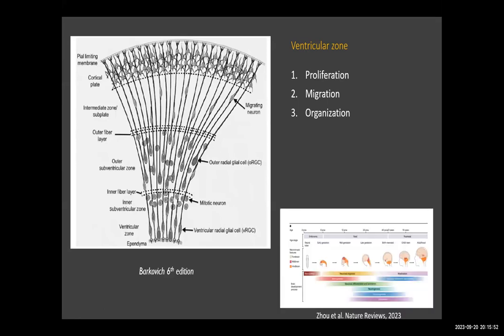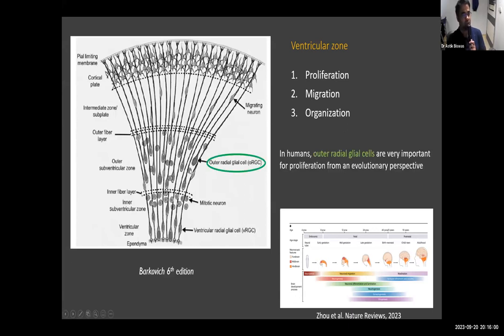And this is again just a graph showing the different processes and the various overlaps. So one important point, again, the outer radial glial cell, this is important from an evolutionary perspective in humans because this provides a lot more space. The outer subventricular zone provides a lot more space for the proliferation of neurons.